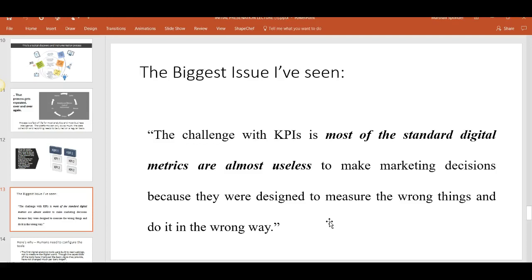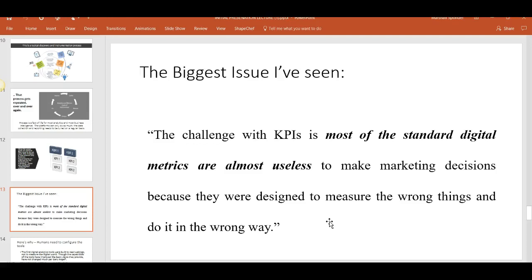Even the way that they're organized to be analyzed is almost useless, because they're measuring things that the analytics platforms themselves are good at collecting, like page views and visits. They're not able to know what combination of those are meaningful.